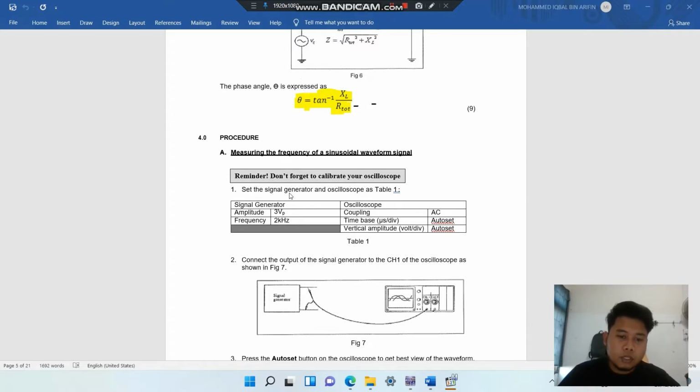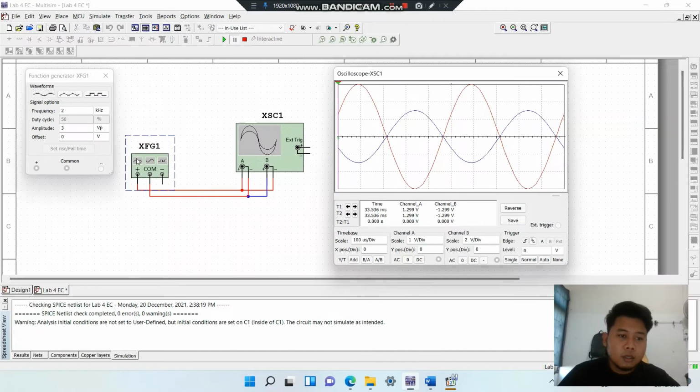And what to do? Set the signal generator and oscilloscope as stable 1. We don't use a signal generator, but we use a function generator, and we can look at here. We have set the frequency to 2 kHz and amplitude to 3 Vp.